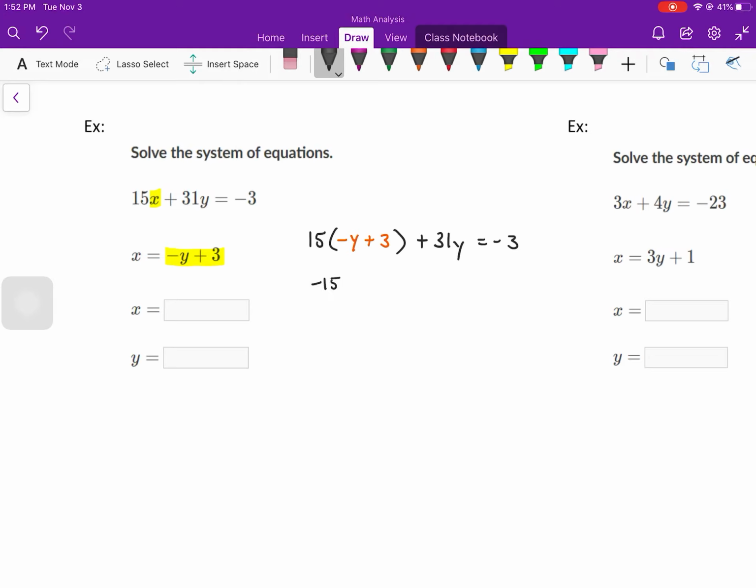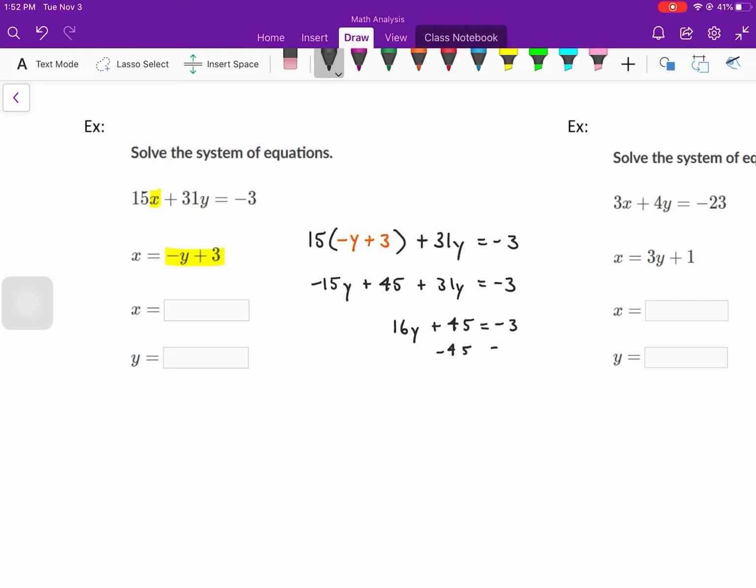So distribute the 15. So negative 15 plus 31 is 16. Subtract our 45.